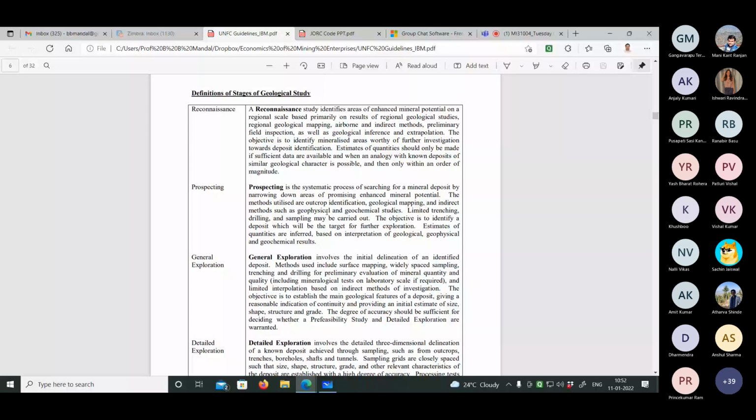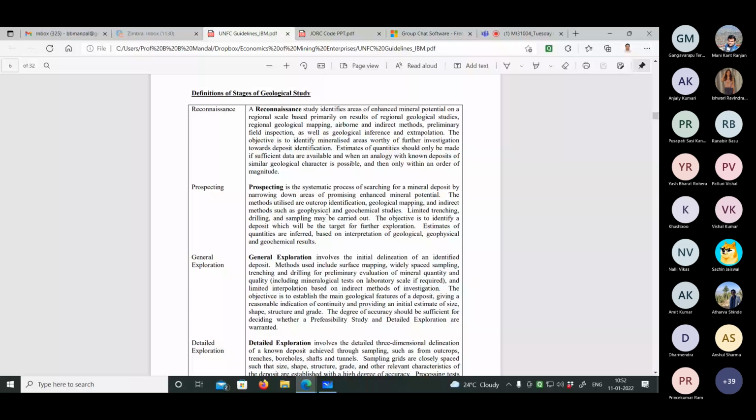Regional geological mapping, surface sampling, then airborne, indirect methods, say you are using a Geiger-Muller counter or similar things, or magnetic anomalies, where you see certain deflection of a compass. Then preliminary field inspection, physical inspection, as well as geological inference and extrapolation.